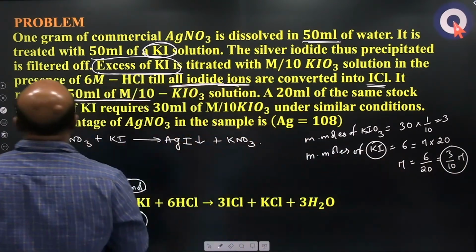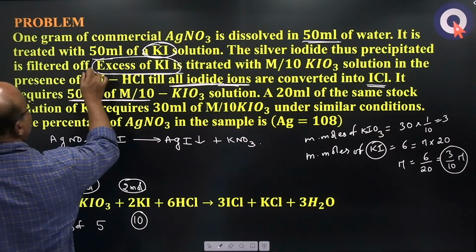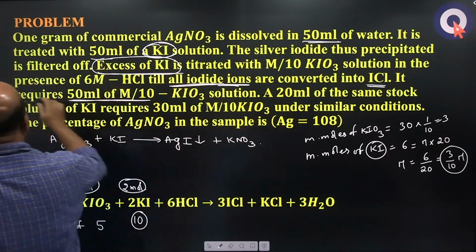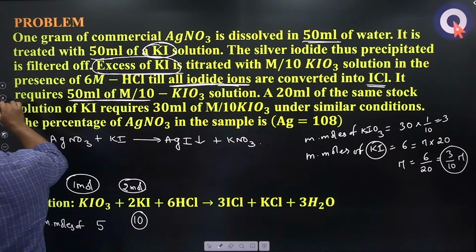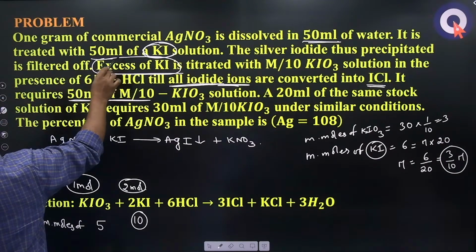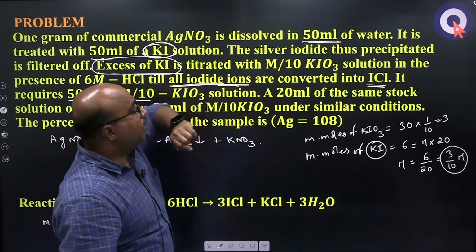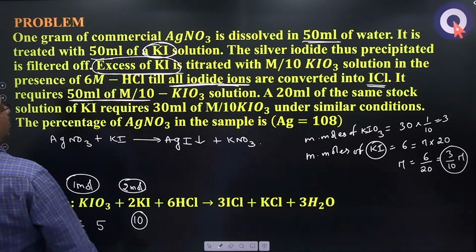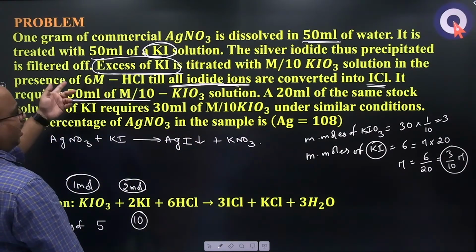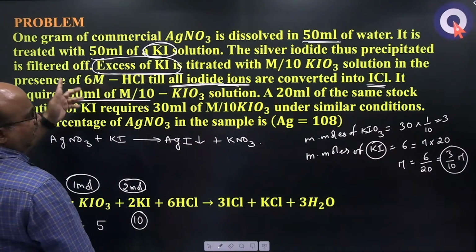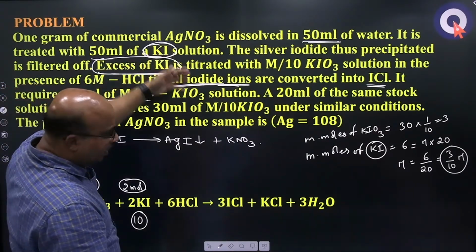So if you use 50 ml of 3 by 10, how many moles of KI should be there? Or what is the KI that is required that completely reacts with silver nitrate? So whatever excess we added maybe. But anyhow, we got the KI concentration here.